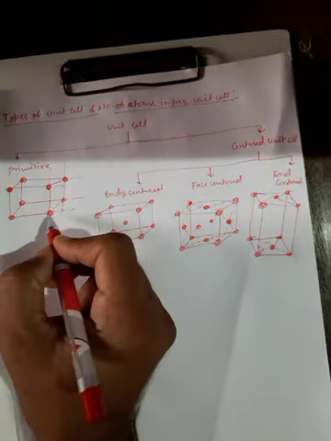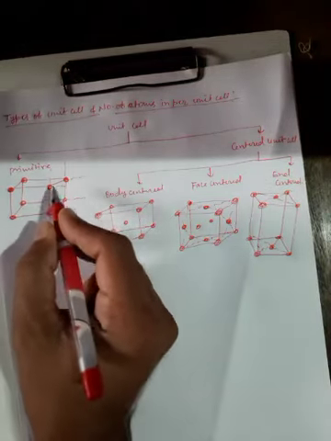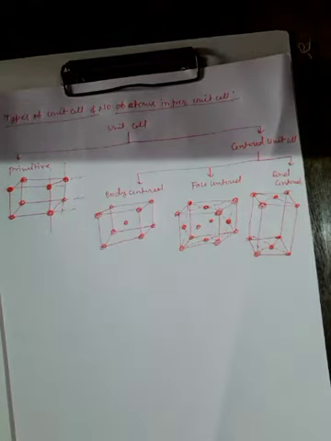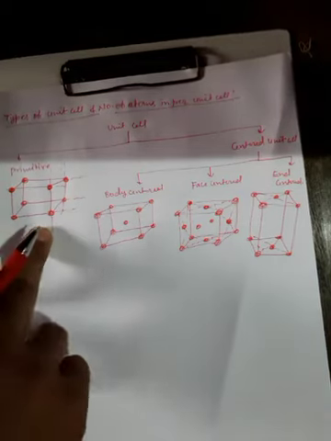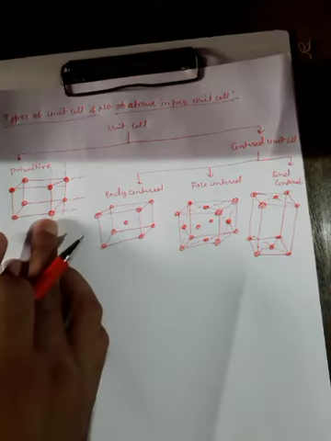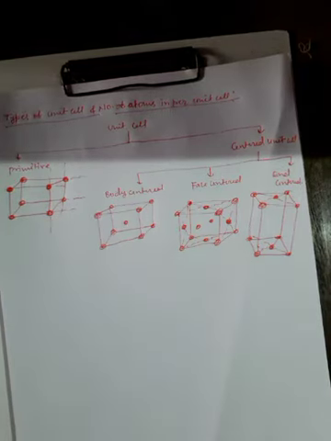So we can say that this constituent particle, this one, this one, that is all constituent particles of a particular unit cell, are not only components of that unit cell, they are also part of the adjacent unit cells of the crystal lattice.